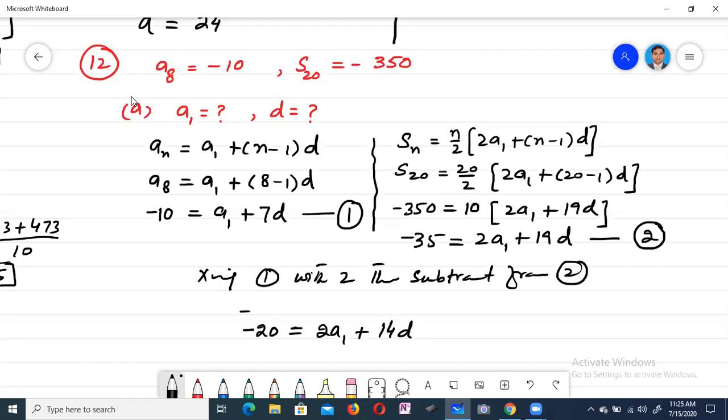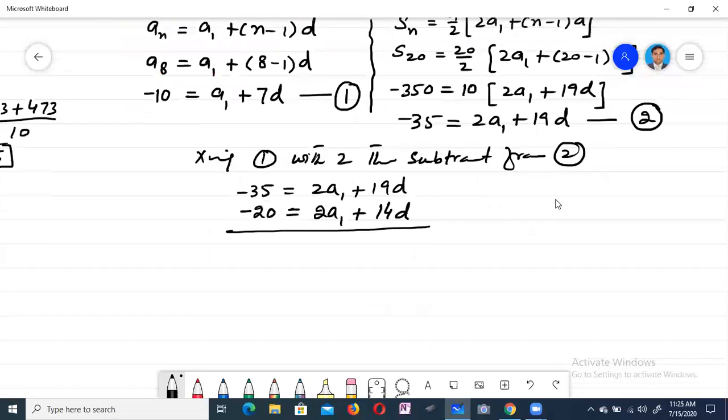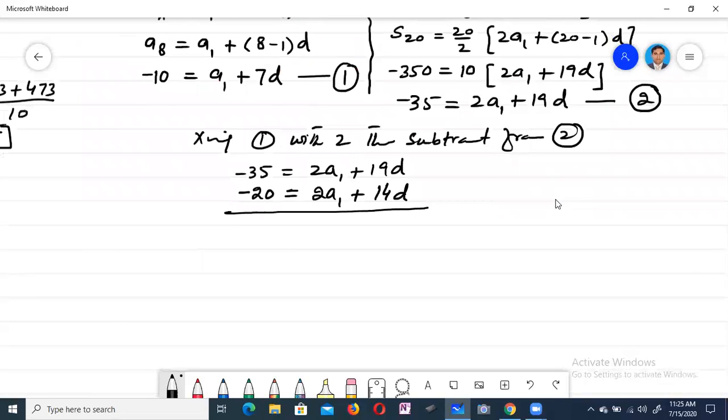Equation 2 is minus 35 is equal to 2a plus 19d. While subtracting, we will change the sign of the second equation that is written here. After changing the sign, this will be plus. Minus 35 plus 20 is minus 15.